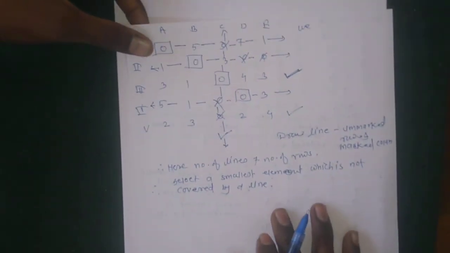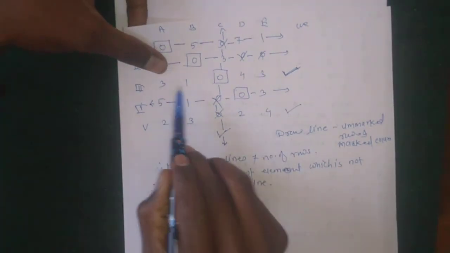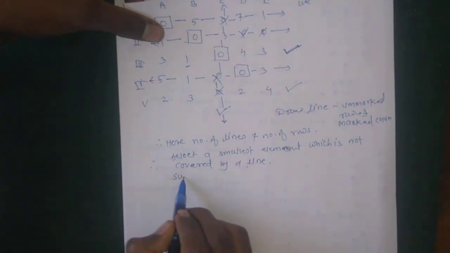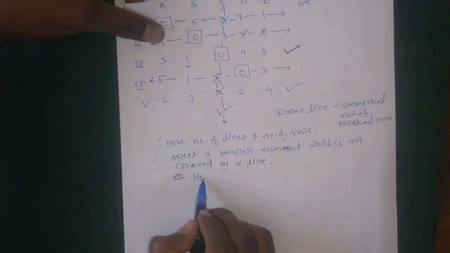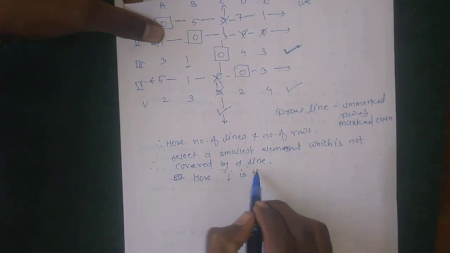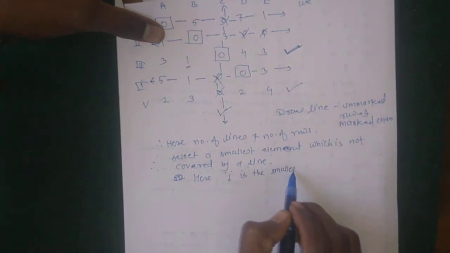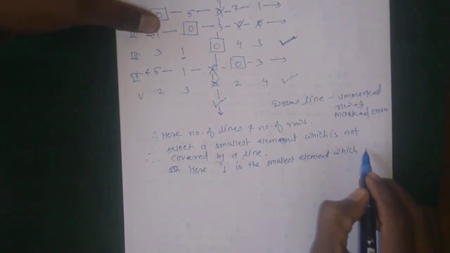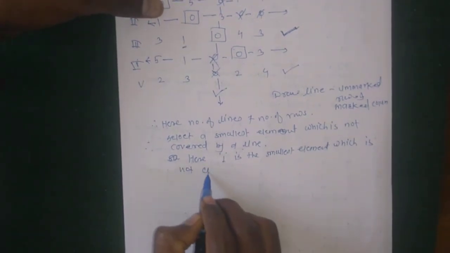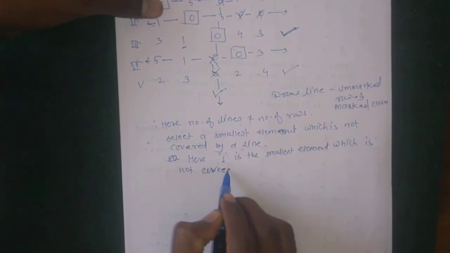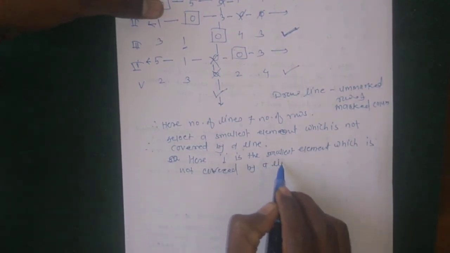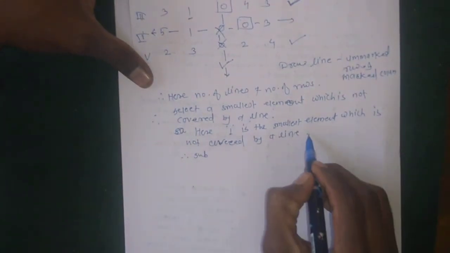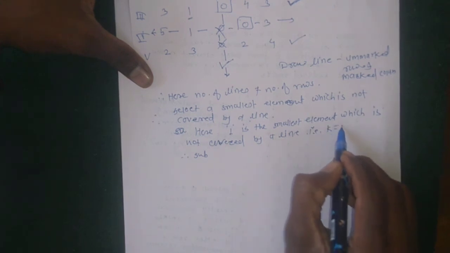So here 1 is the smallest element which is not covered by a line. Therefore subtract k, where k equals 1.